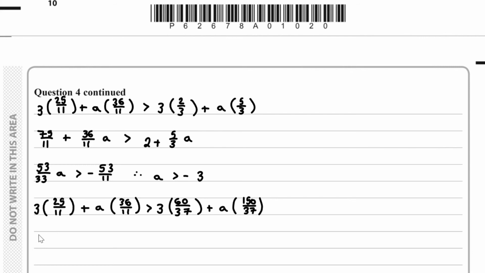So we have 75 over 11 plus 36 over 11 lots of a being greater than 180 over 37 plus 150 over 37 lots of a.